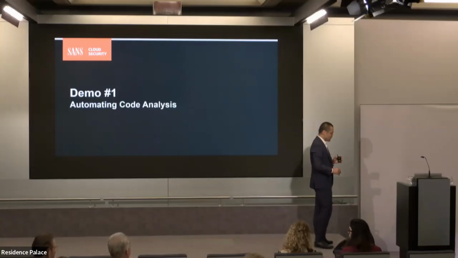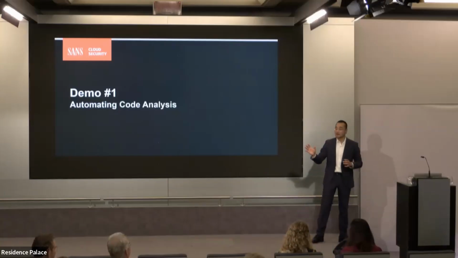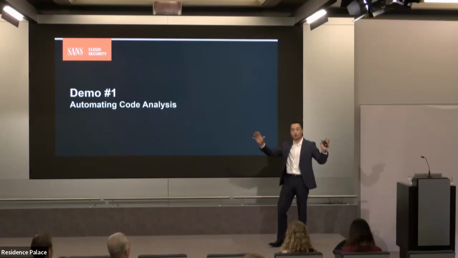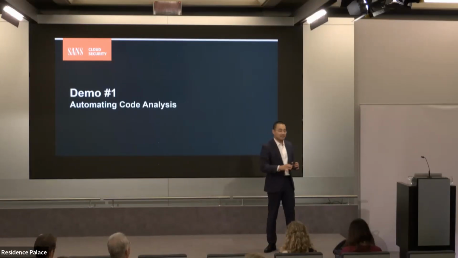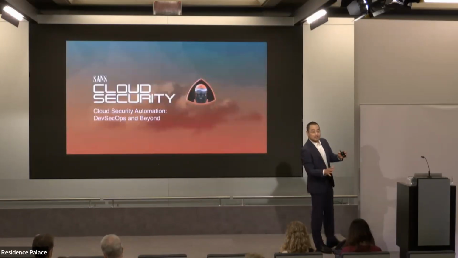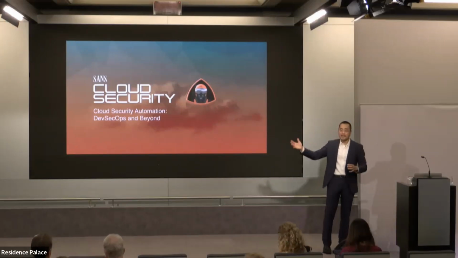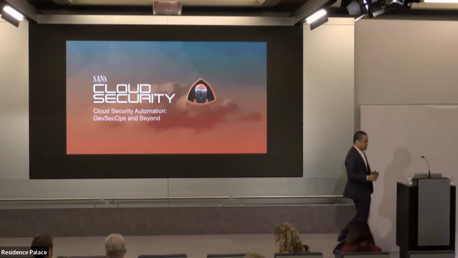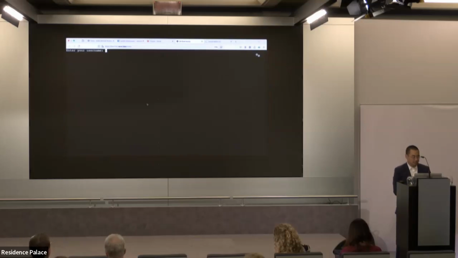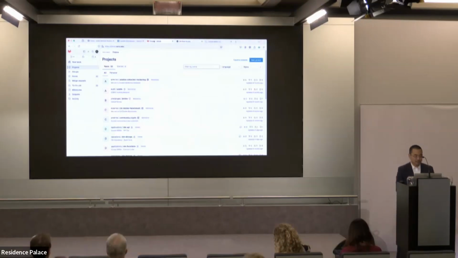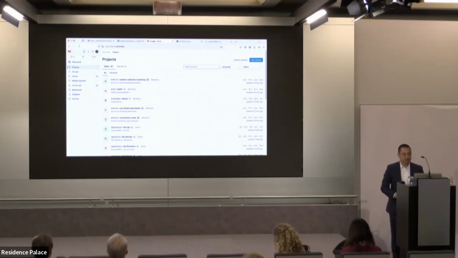All right, so I'm going to switch over to a very basic demo. This first demo is really just to get you oriented to the corresponding environments related to the upcoming demos that you're going to see. So switching over to my demo screen here. Now you can see that I've got a number of tabs that are open. We've got this first tab, and I'm logged into my GitLab environment here.